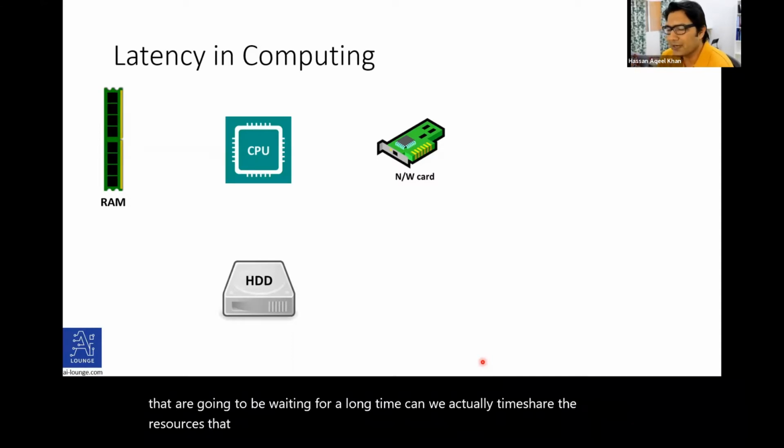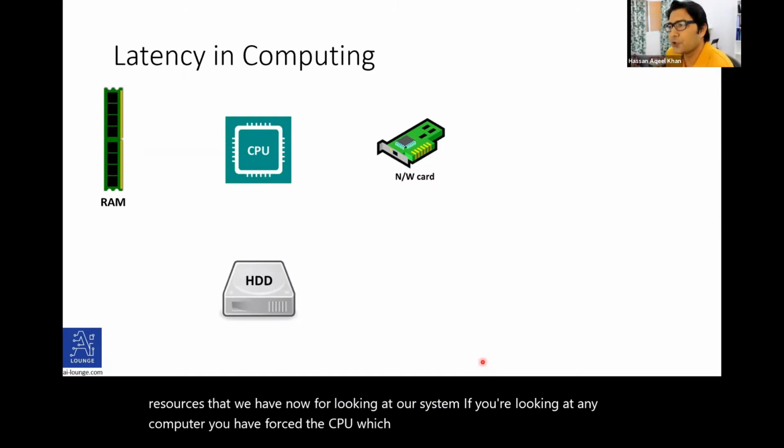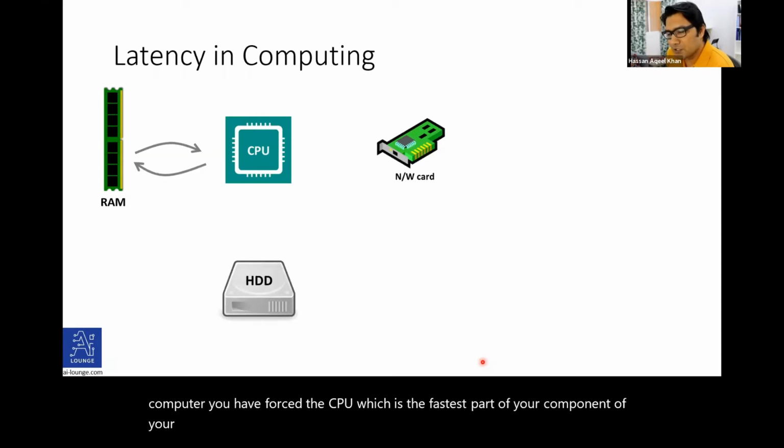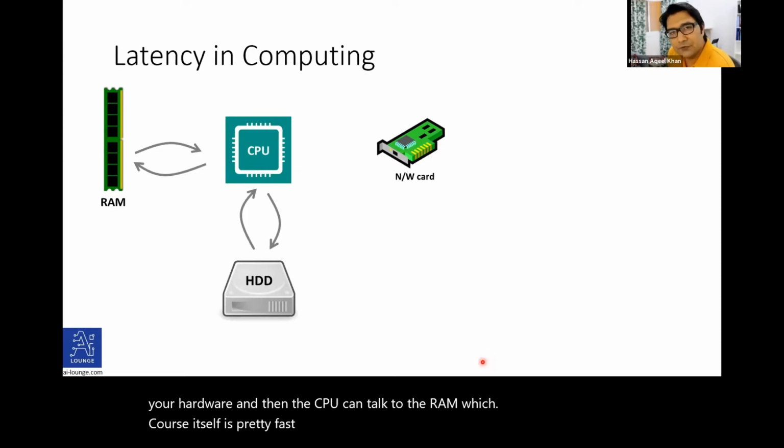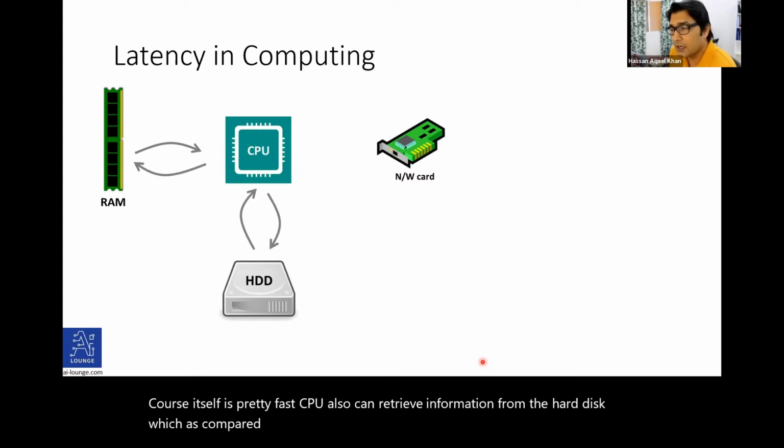If you're looking at any computer, you have, of course, the CPU, which is the fastest component of your hardware. Then the CPU can talk to the RAM, which is itself pretty fast. The CPU can also retrieve information from the hard disk, which compared to the RAM is slower.